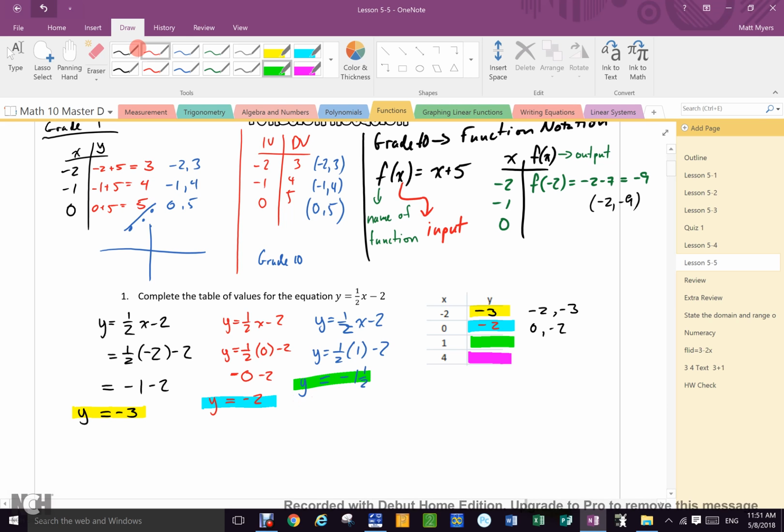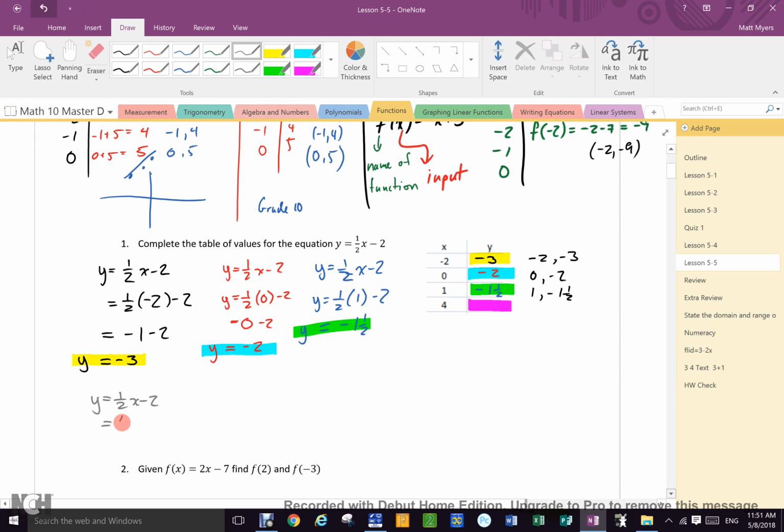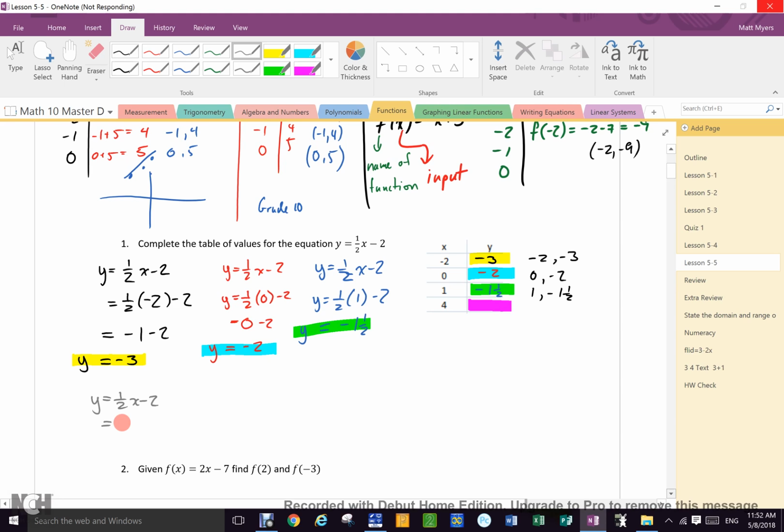Where does that get written? Green square. Negative 1.5. And what is my ordered pair? 1 and negative 1.5. And finally, y still equals 1/2 x minus 2, but what is x now? 1/2 of 4 minus 2. What's half of 4? 2.